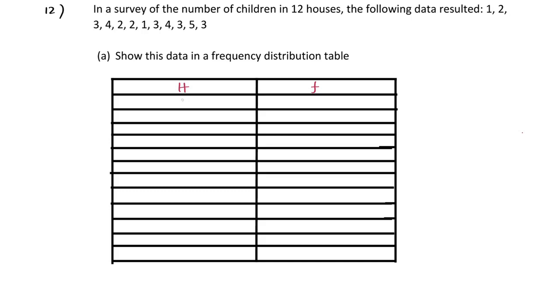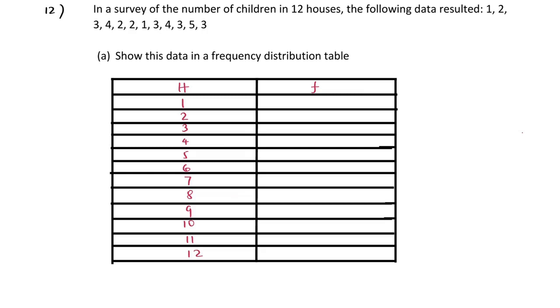So here is house number 1, here is house number 2, number 3, number 4, number 5, number 6, number 7, number 8, number 9, number 10, number 11, and number 12.